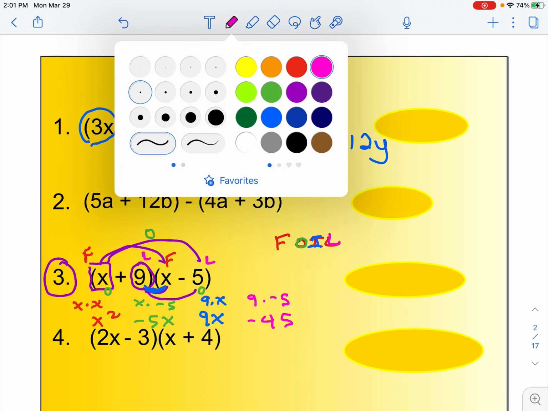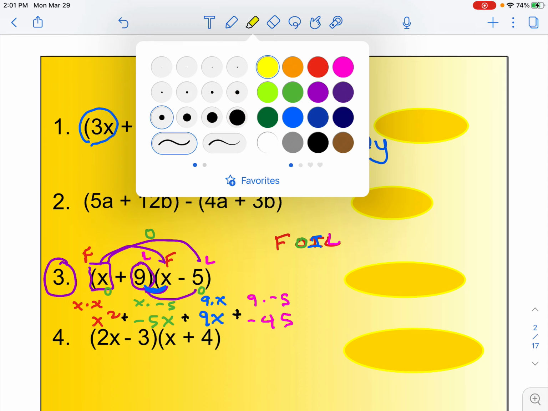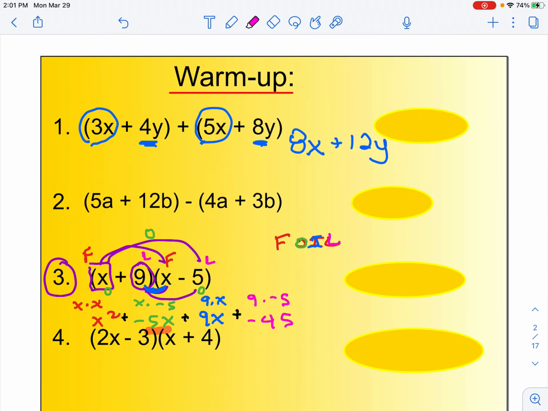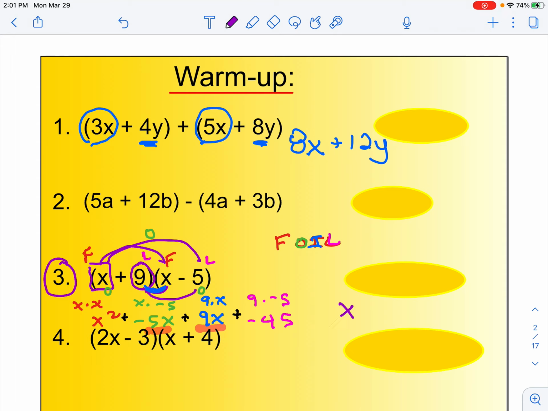And from there, we have to combine all of these together if we can. Well, the only things we can combine, again, are our like terms. And so what we can combine here are the -5x with the positive 9x. So our final answer for this question would be x squared plus 4x minus 45.